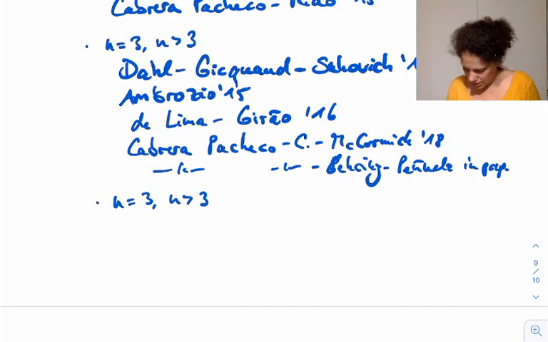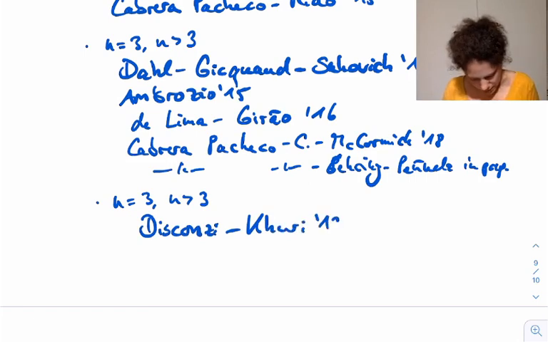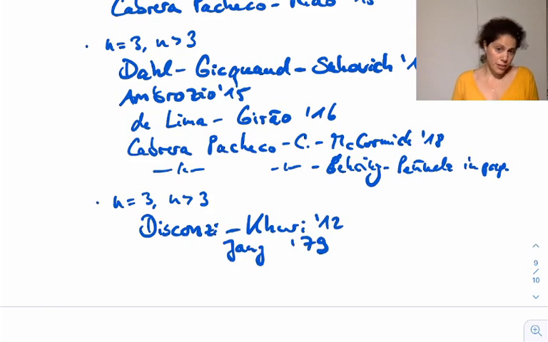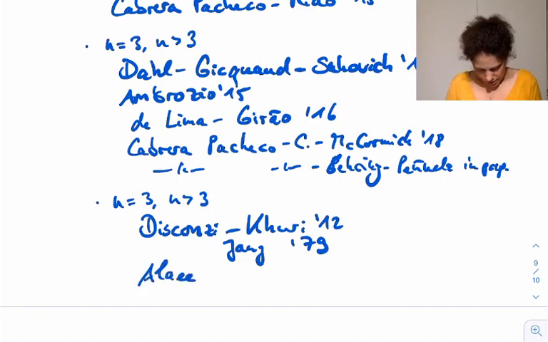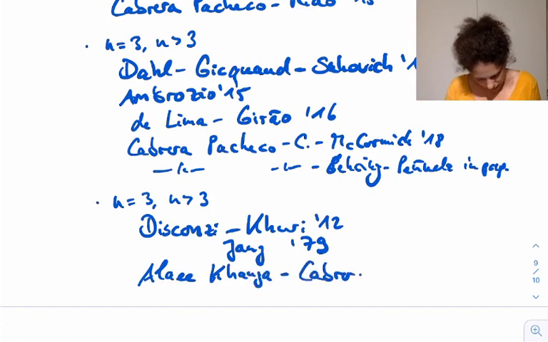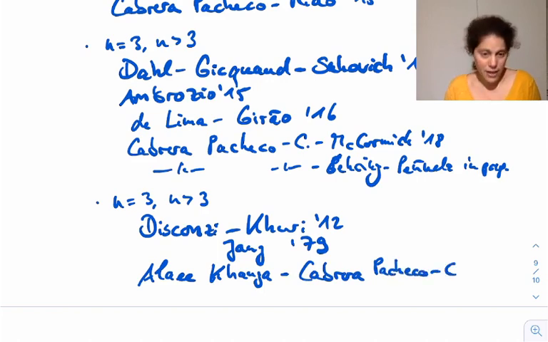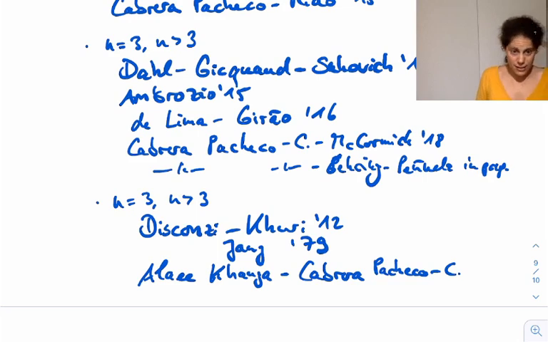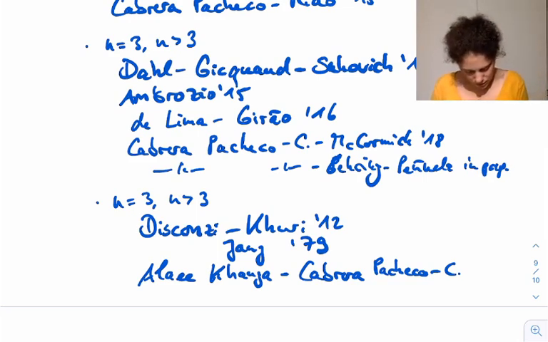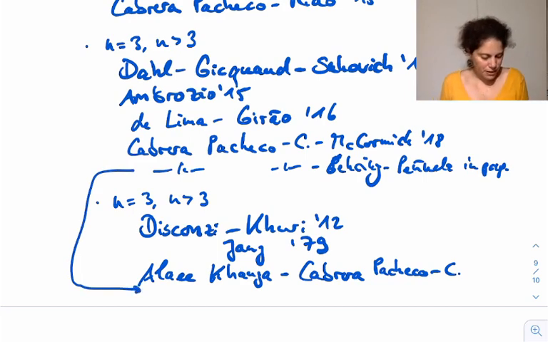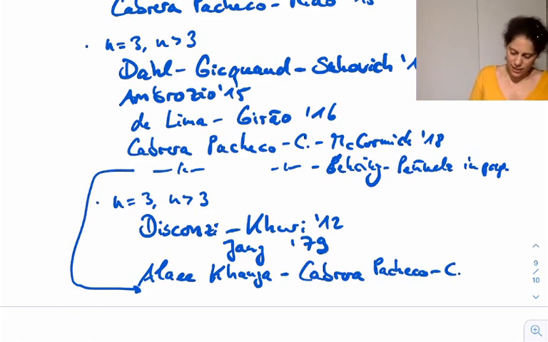And this would be related to work by Viscardi and Corvino from 12, building on work by Jang 79 on the electrically charged Penrose inequality, and on work by Khuri and Kunduri, and Cabrera Pacheco, and myself on the n equals 3 generalization of the Mantoulidis-Schoen construction to this electrically charged context, and to this paper as well by Cabrera Pacheco, myself, Gehring, and Peñuela Diaz in preparation about the higher dimensional analog of the Mantoulidis-Schoen construction in the electrically charged context.